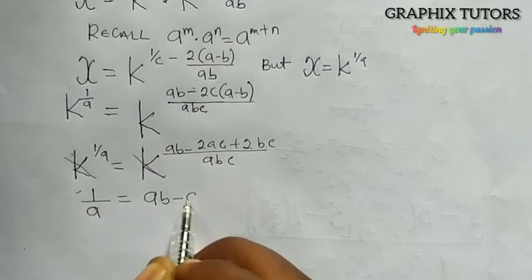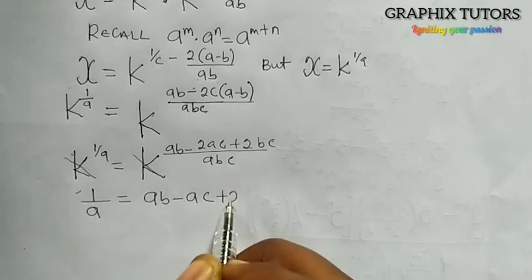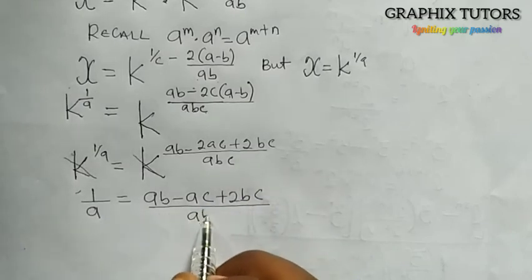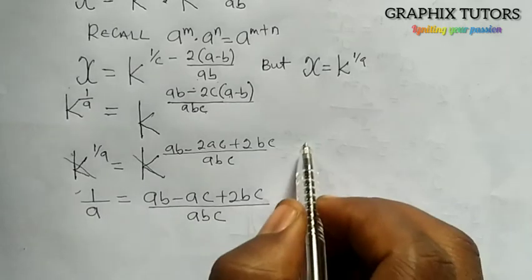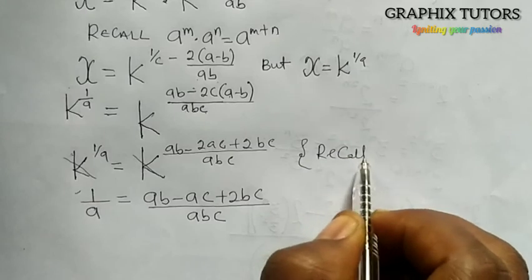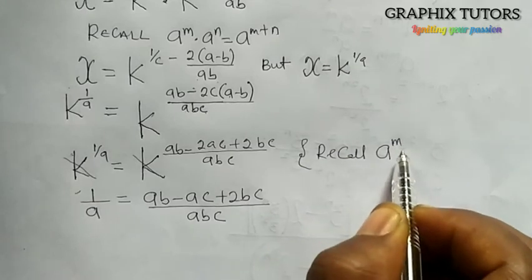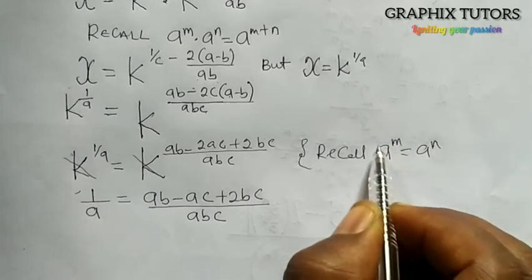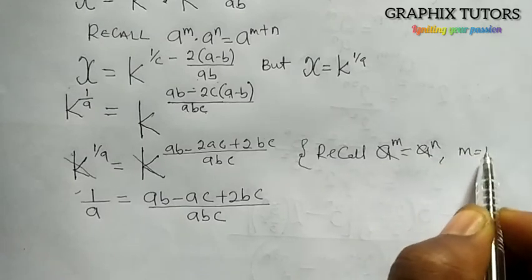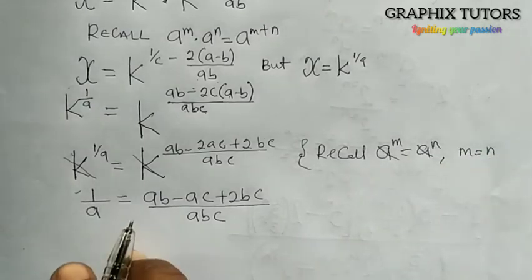AB minus AC plus 2BC all over what? ABC. So I'll just put it close to it here. Recall, a^m equals a^n, it will equate each other. So my m is equal to what? n. So equal base equates.